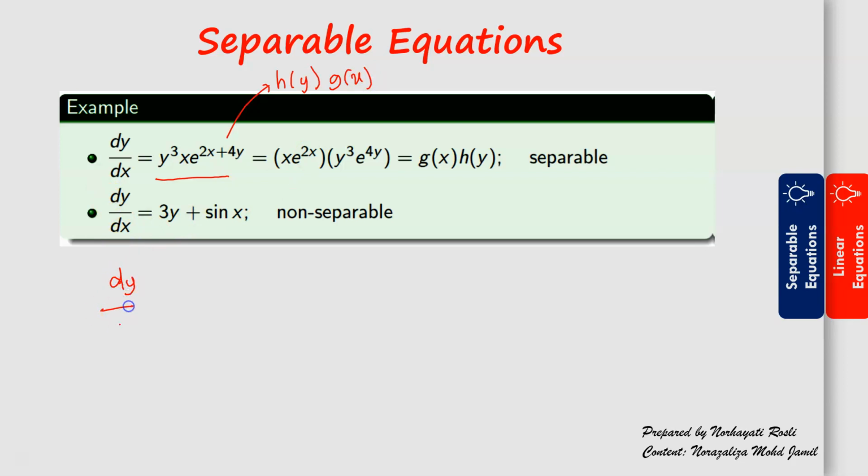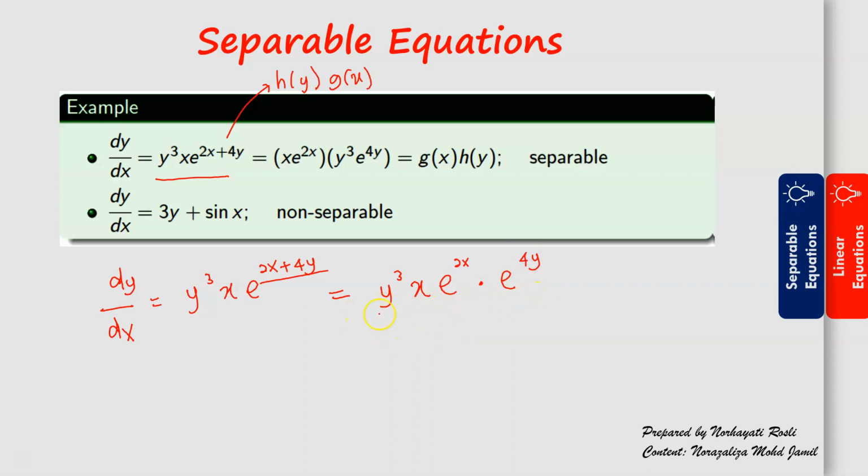We have dy/dx equal to y^3 x e^(2x+4y). Using the power law, we can write this as e^(2x) multiplied with e^(4y).